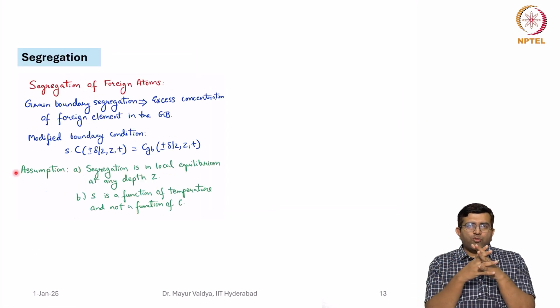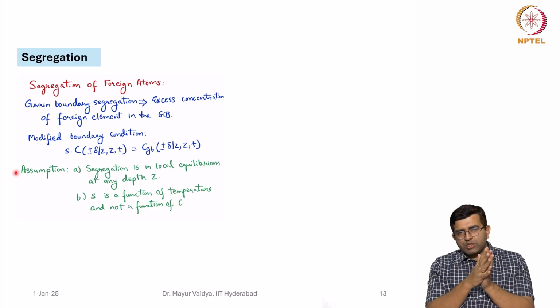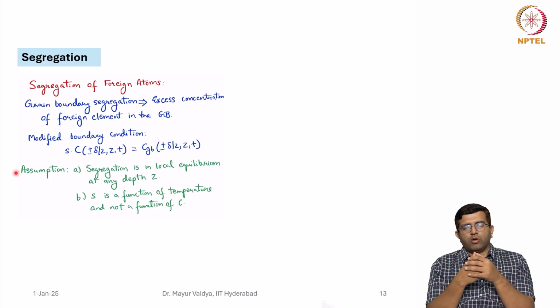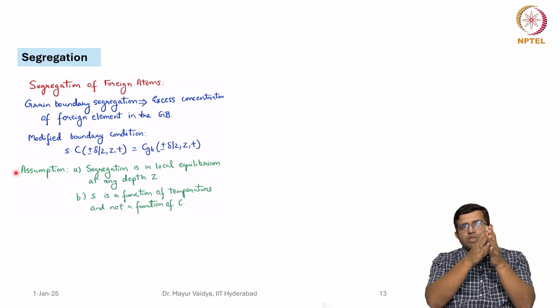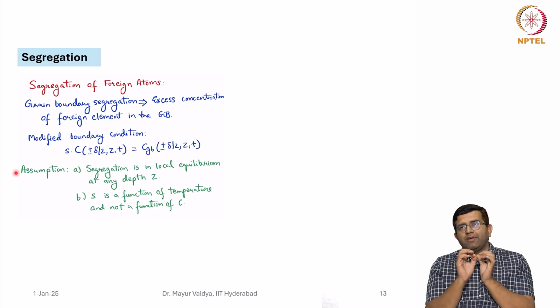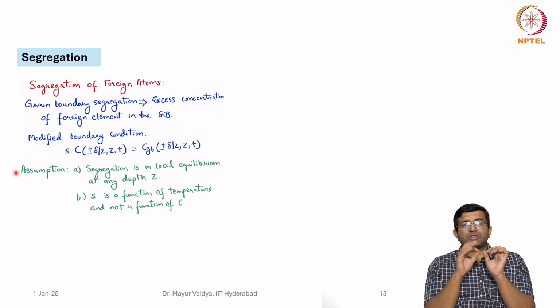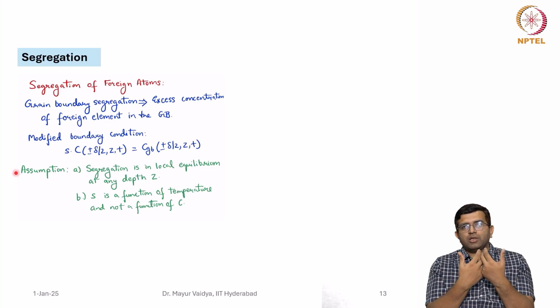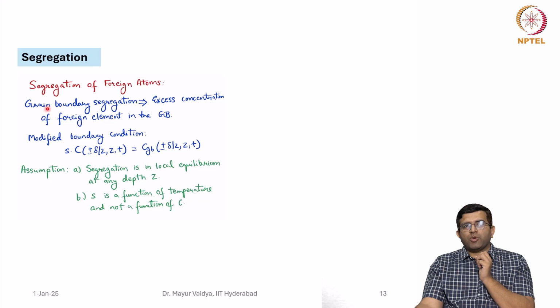Just one thing before we end today's lecture. We saw this equation, or the boundary condition rather, where the concentration at the interface from the grain and from the grain boundary we equalized. That is valid only for self diffusion. If we consider solute diffusion, if there are solutes, then there is a possibility of segregation of these foreign atoms.